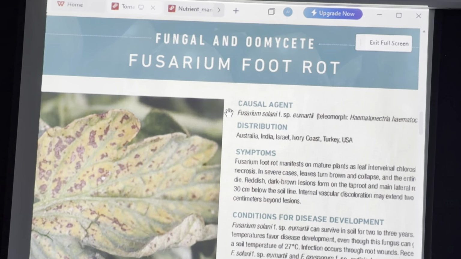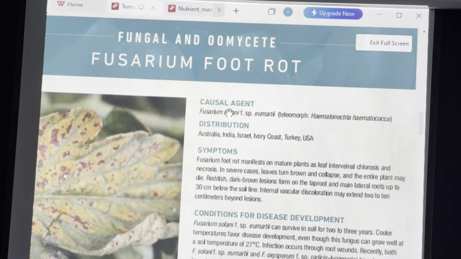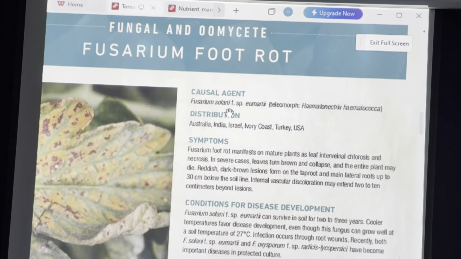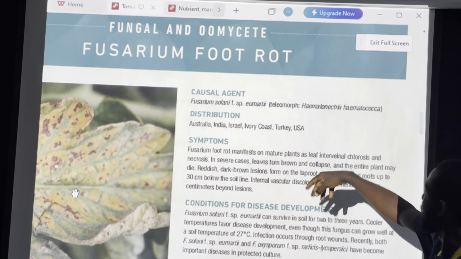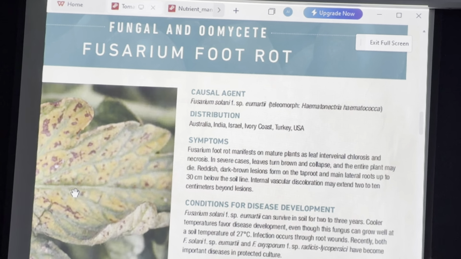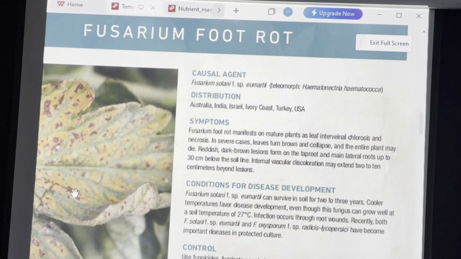Fusarium fruit rot is caused by Fusarium solani, and like I mentioned, the f. sp. means that this is particular to just tomato plants. Nectria haematococca is not distributed worldwide, as you can see. It's only in Australia, Israel, Ivory Coast, Turkey, and others. It manifests on mature plants as leaf interveinal chlorosis.